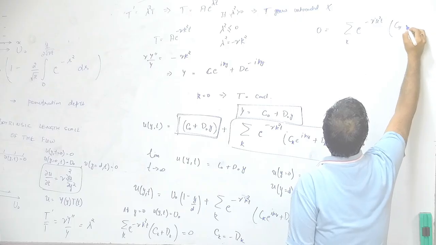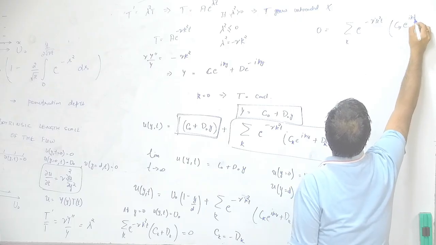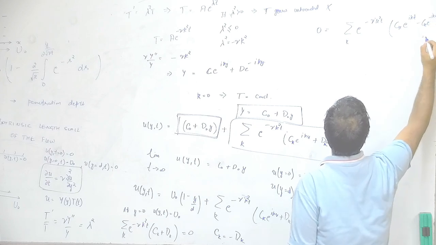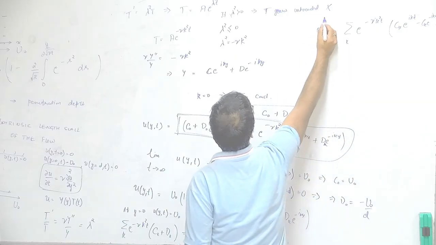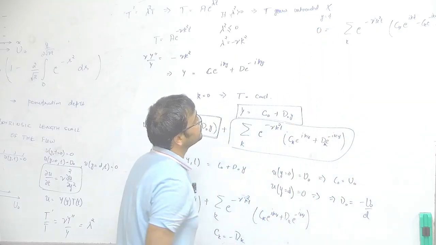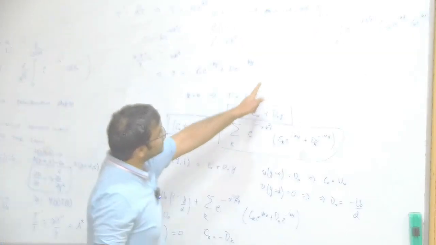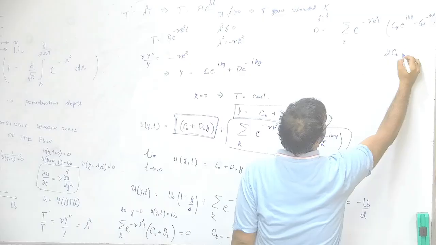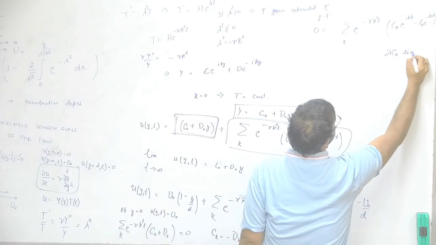So ck e to the power i k d minus ck e to the power minus i k d has to be 0 for the y equals d boundary condition. For all times this has to be 0, which means this is 2i ck sin k d.